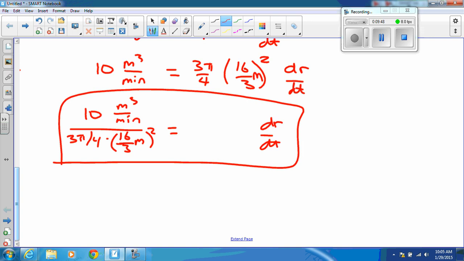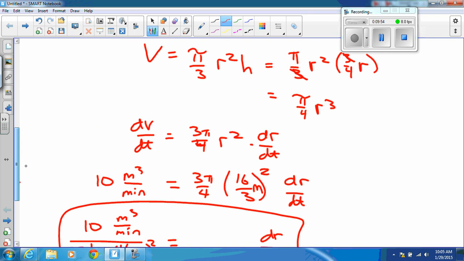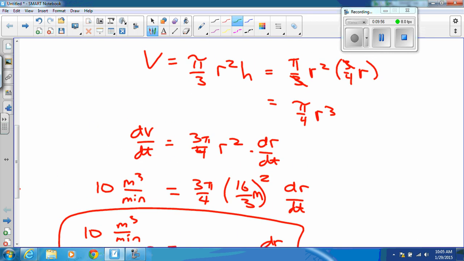Right, so Lee is asking about this notion of derivative of the inside, and where do we get this? Here's one way to see it. The r is changing, right? And so that means that r is a function of time. So if I were to write this out in more formal notation, the volume as a function of time is pi over 4 times the radius as a function of time cubed.